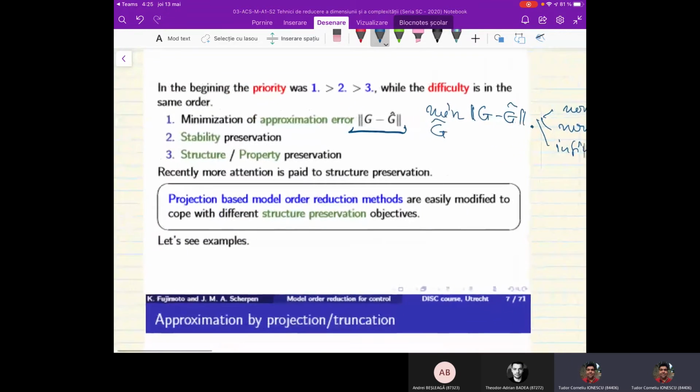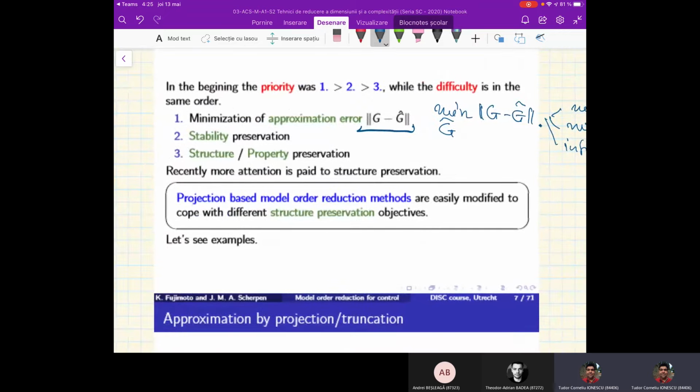So I don't know why they claim here, well, that's their view of things, that these are more difficult. Because stability preservation, I'd say, is not so difficult. Or, oh, no, I think they are right. No, I'm sorry. If you look at this trait, 1 is the most difficult, indeed.